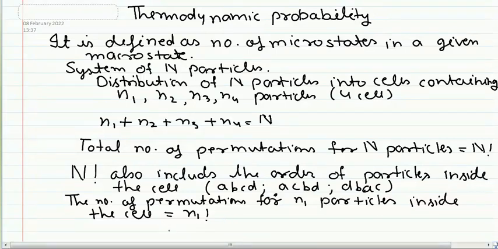So now how will we define the thermodynamic probability, which is represented as omega. This is represented as omega, or sometimes it is also represented like this. Both these symbols are used.